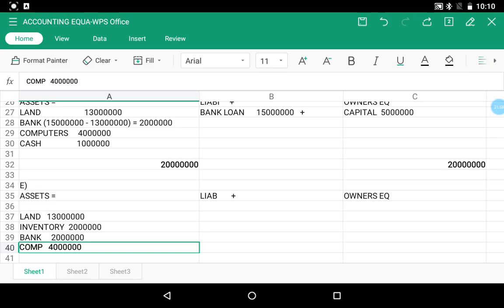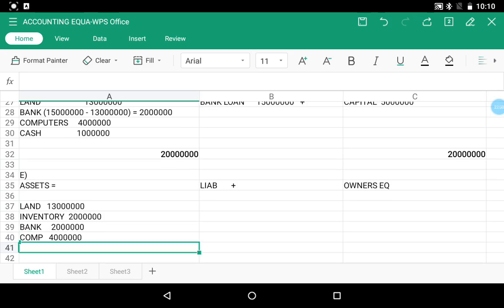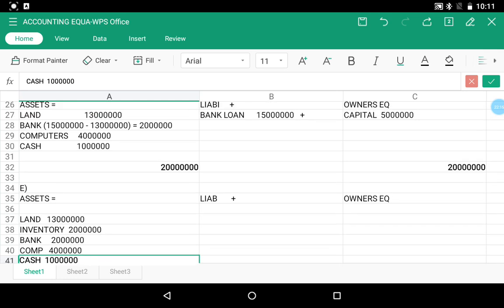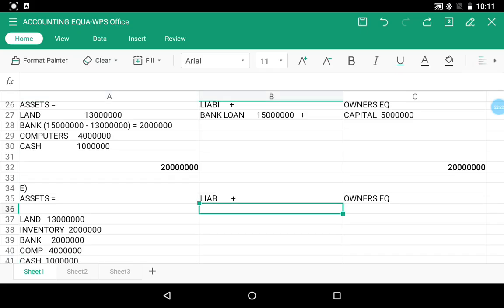Then we have cash, 1 million. So our assets are over. Now we go to our liabilities. Under liabilities, we still have our bank loan. It's not yet paid, so we still have it as 15 million.